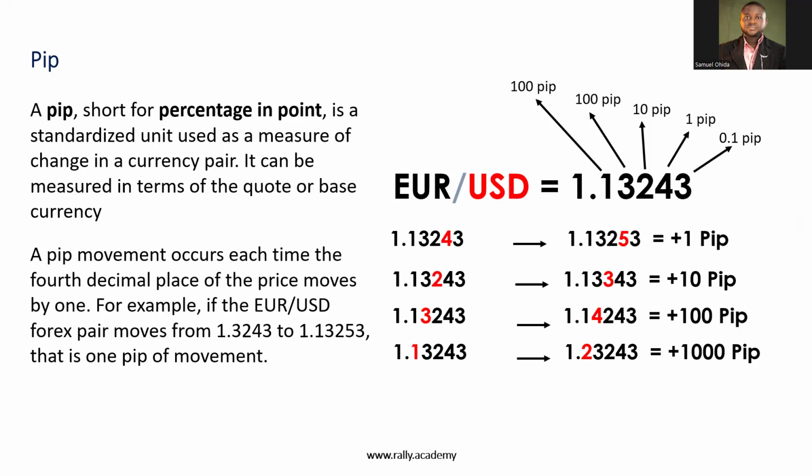Now, what does it mean? If, for instance, we see this example, Euro USD is equal to 1.13243, what does that mean? It means that to get 1 euro, I need $1.13243. So 1 euro can be exchanged for $1.13243.